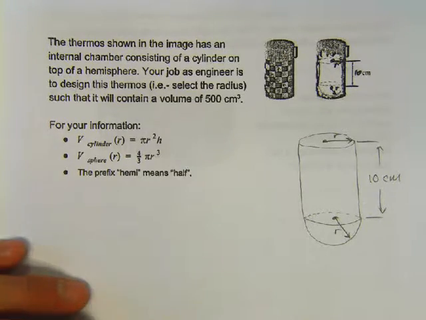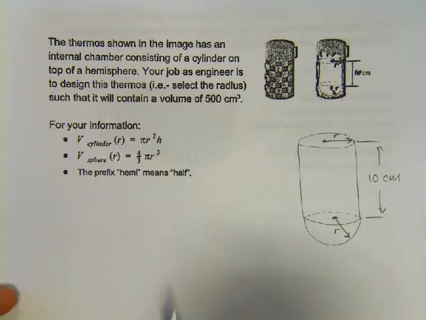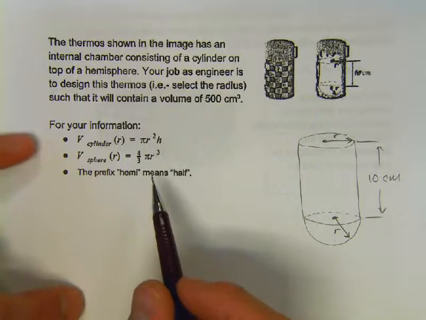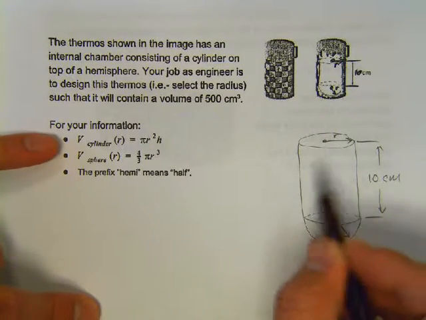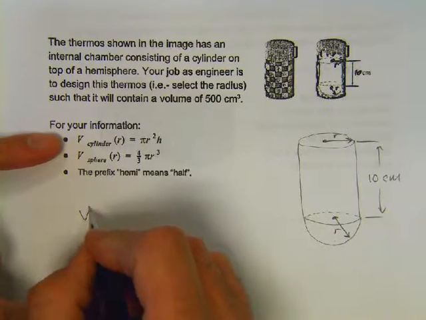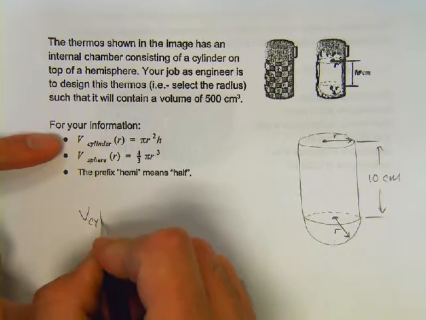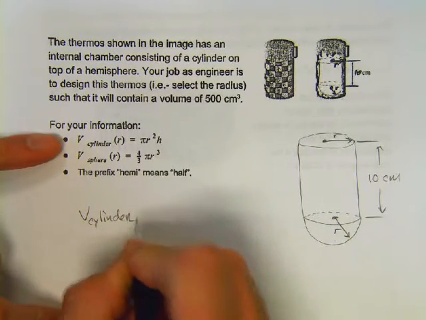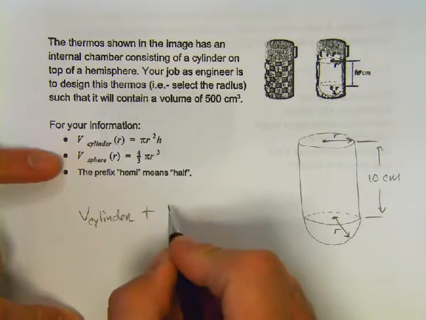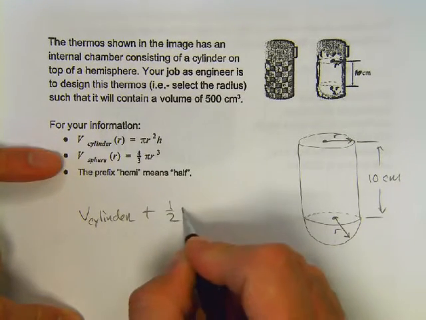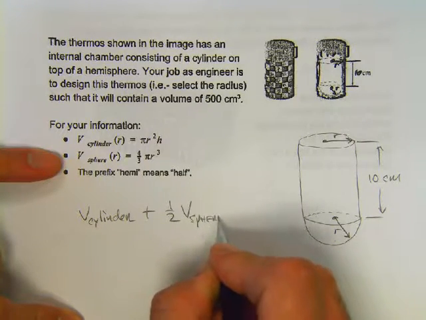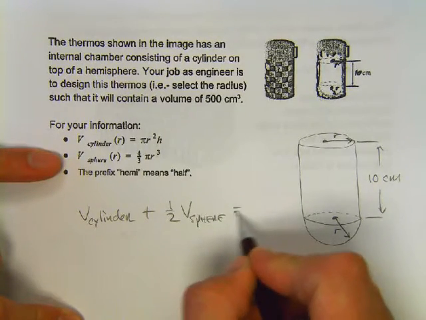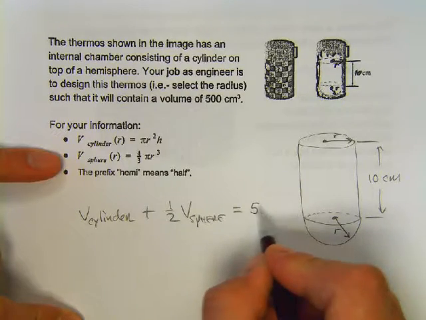Okay. Well, here's what we know. We have this cylinder that has some volume, and we're going to add half the volume of a sphere, and that needs to equal 500 centimeters cubed.